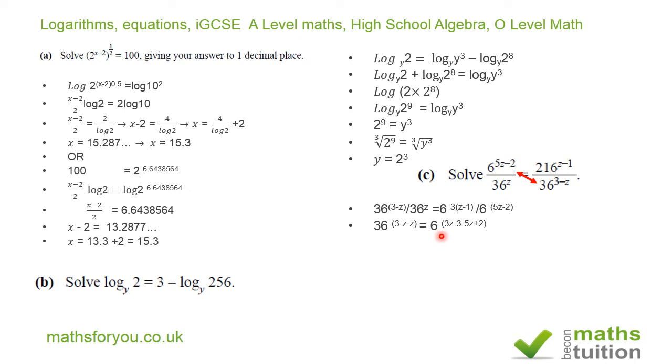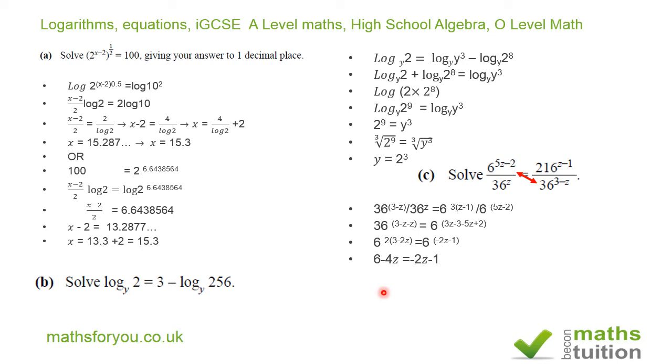And on the right hand side we have 6 to the power 3z minus 3 minus 5z plus 2 there, because the minus sign will change negative to plus. Now 36 is 6 squared, so we end up with 6 to the power 2 times (3 minus 2z), and that's equal to 6 to the power 6 minus 4z.